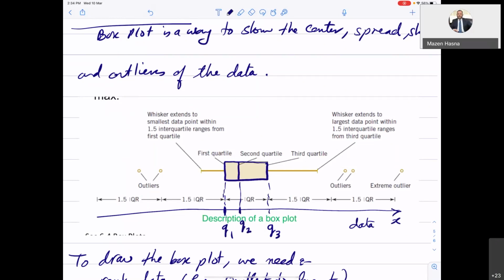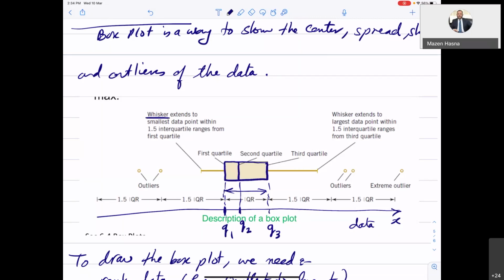Of course, these are not equally spaced, right? They need not be equally spaced because your data might not be uniformly distributed. You do not have data that are well separated. So first you draw your box, and then you calculate those ranges. Q3 minus Q1 is the distance between Q3 and Q1. Then you draw what we call a whisker.